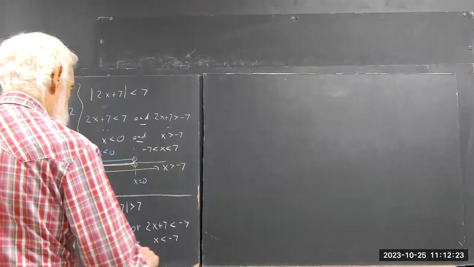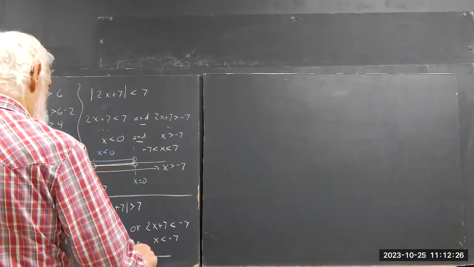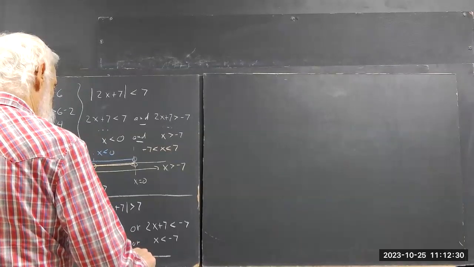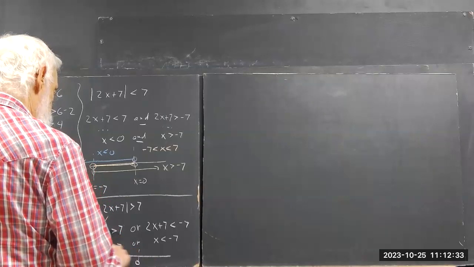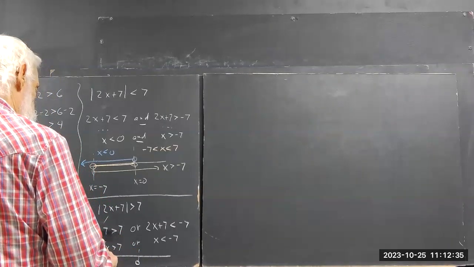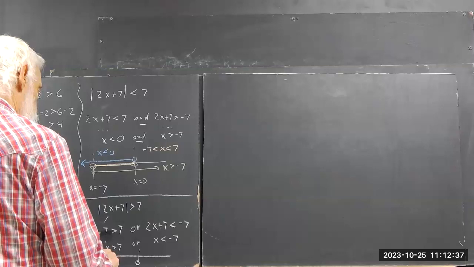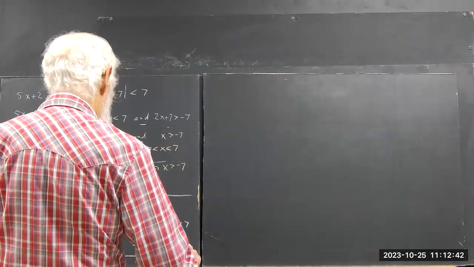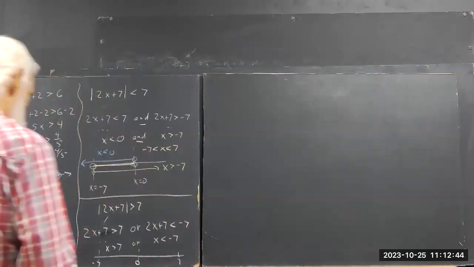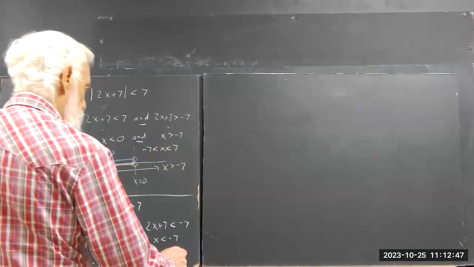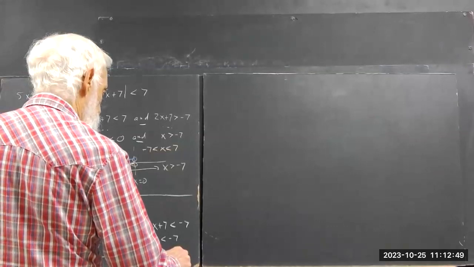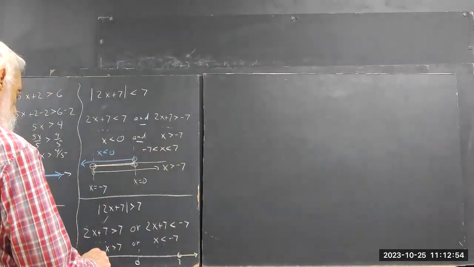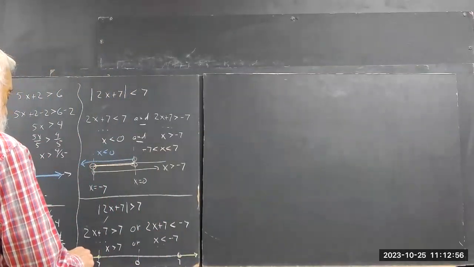And if we were to graph that, if this is x equals 0, and this is negative 7, and 7 would be out here, and x greater than 7 would be this interval to the right of 7. X less than negative 7 would be this interval to the left of negative 7.